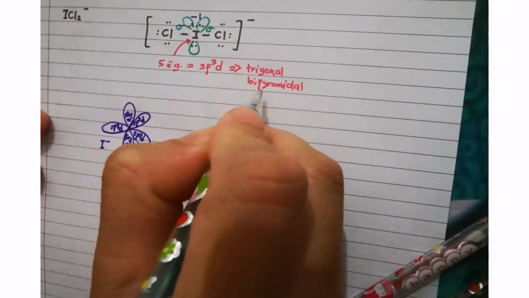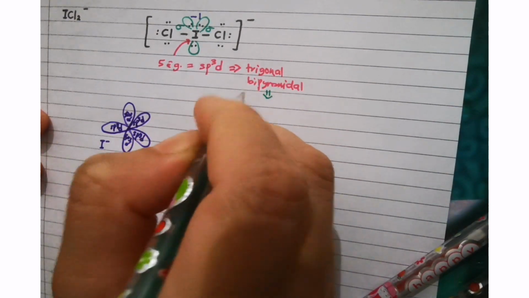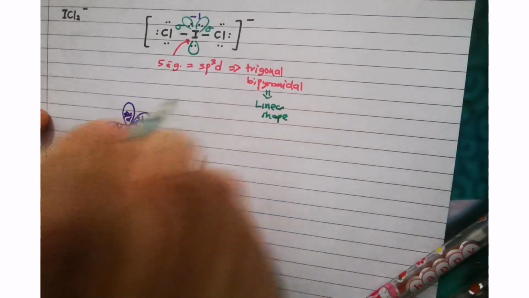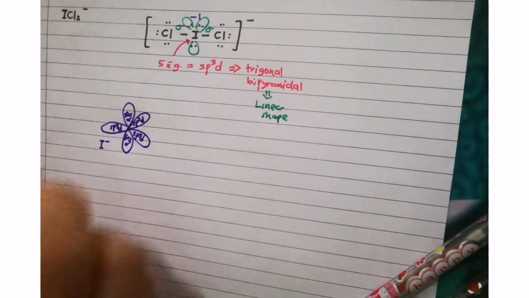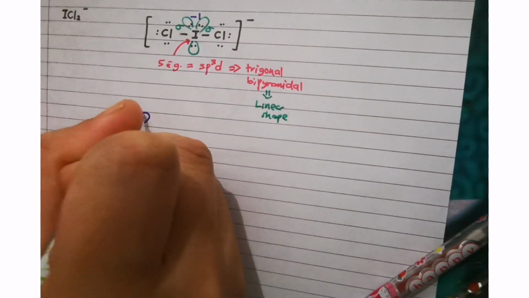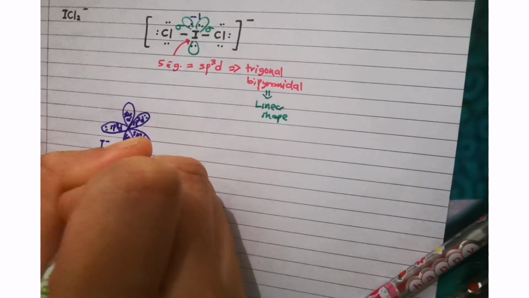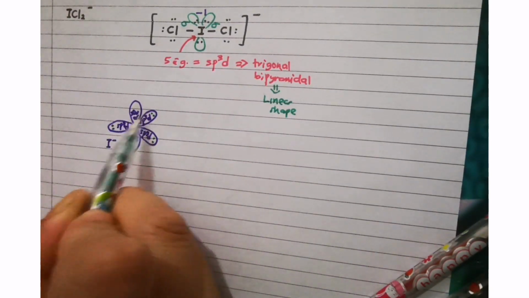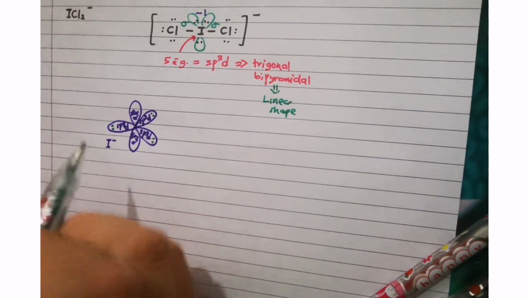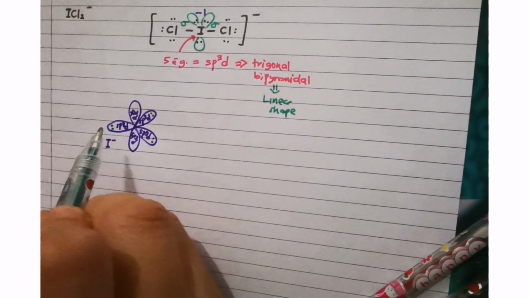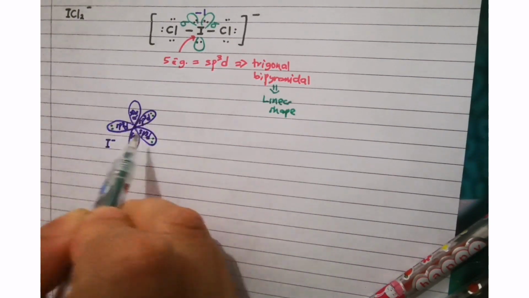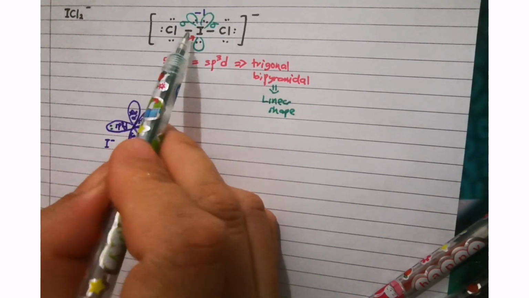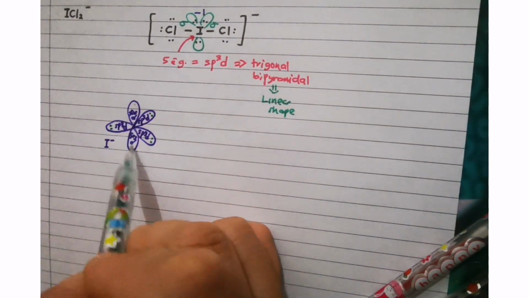Even though the arrangement is trigonal bipyramidal, the molecular shape is linear. So the electrons will be at these lobes, because if you remember the trigonal bipyramidal shape, these 3 lobes are at the triangle plane. So we will substitute the lone pairs at this trigonal plane, and the I-Cl sigma bonds at these lobes.